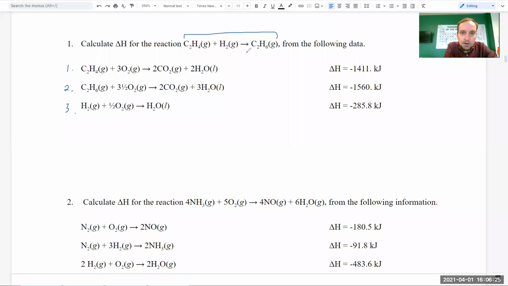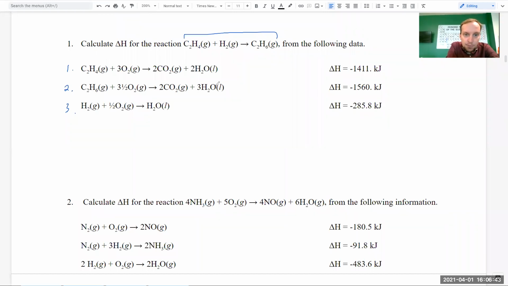What I'm noticing here is on reaction 2, C2H6 is on the right side, but over here it's on the left side. So that's going to be a problem. So what I'm going to go ahead and do is I'm going to flip reaction 2, get the C2H6 on the right side.